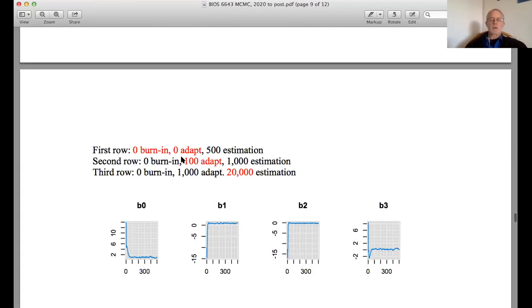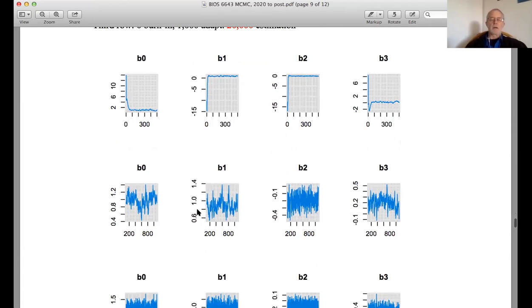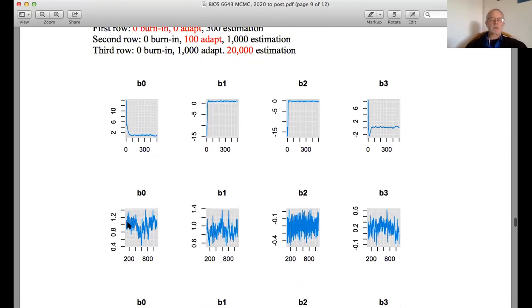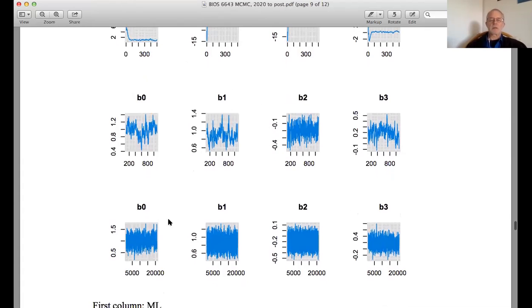So second one, you let it adapt for 100 iterations. And now you can see it still looks kind of stringy. It's certainly better, and it's not trying to find its steady state yet, but these are still kind of unstable. I wouldn't really want to use these for estimation. So then I let it adapt more and ran it for more estimation iterations.